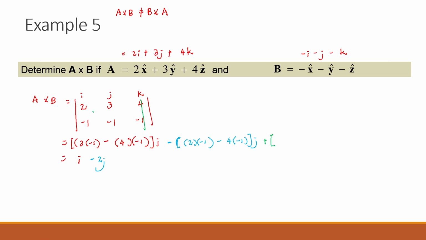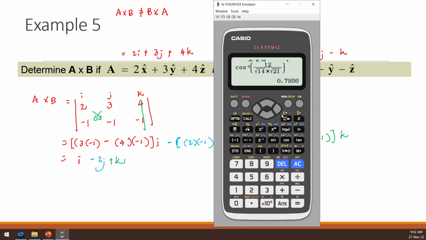So you take it like this: 2 times -1 minus 3 times -1. This is component k. So -3 times -1 is positive 3, minus 2, so it's plus k. You see, actually, you can use a calculator.